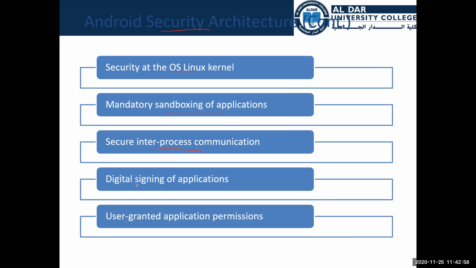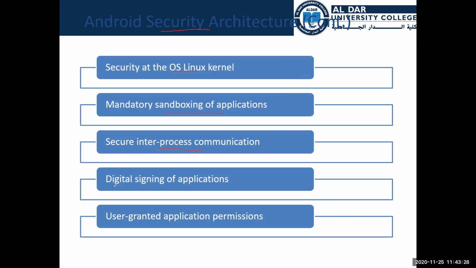Also, the fourth layer is digital signing of applications, and this is very important because without digital signing, any application can be installed on the Android device, and bad applications can also be installed. The signing is important to be sure that this application is authenticated, original, and safe.